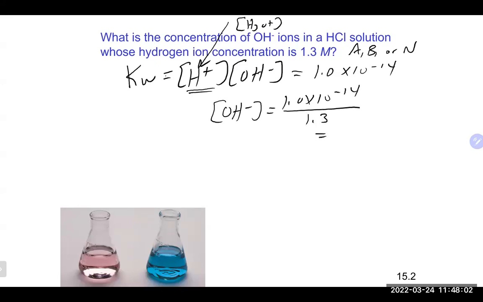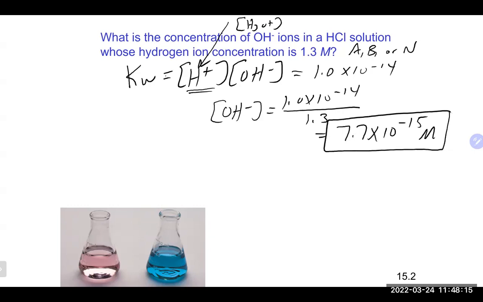And in this case, we end up with 7.7 times 10 to the minus 15 molar. First off, any questions on the calculation part? Acidic, basic, or neutral?